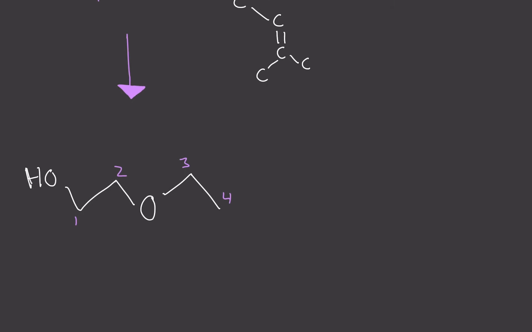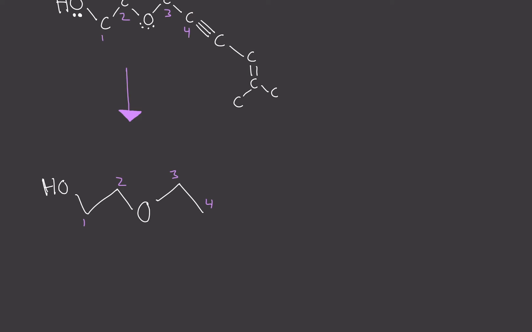Okay, we leave a gap to signify there's a carbon there. Like that, and then we draw like that. So this gap is telling us that we have a carbon here. So this is 5. This is 6.